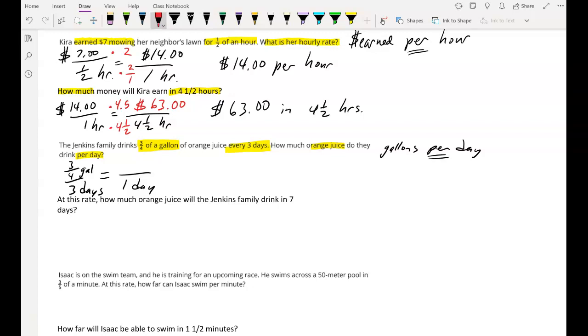Well, we have to ask ourselves, how do I get from 3 days to 1 day? Well, I'm going to divide by 3. And if I divide the top by 3 also, that means that I am taking 3/4 divided by 3/1. That's the same thing as 3/4 multiplied by the reciprocal, which would be 1/3.